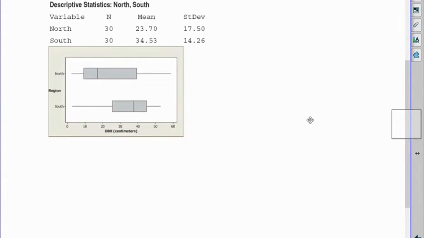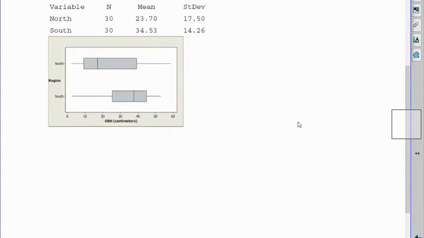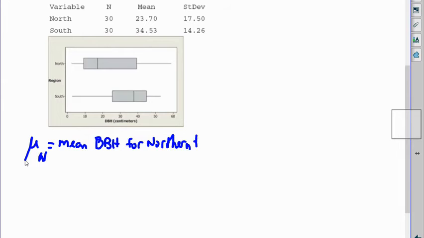Okay, so let's write out all their information about these things. Let's see here, north. So mu sub N, using a capital N, will be the mean DBH for northern trees, and that'll be in centimeters.